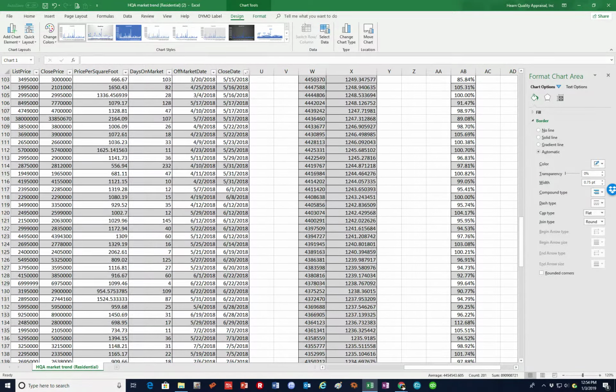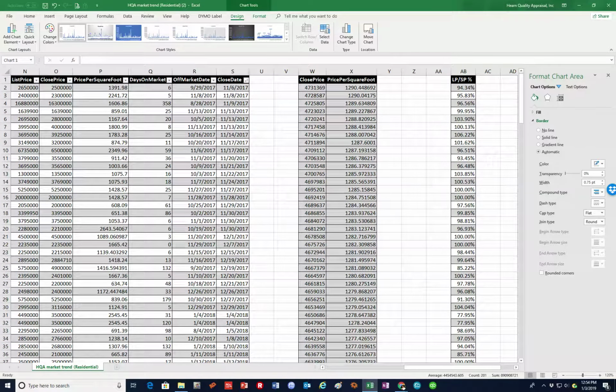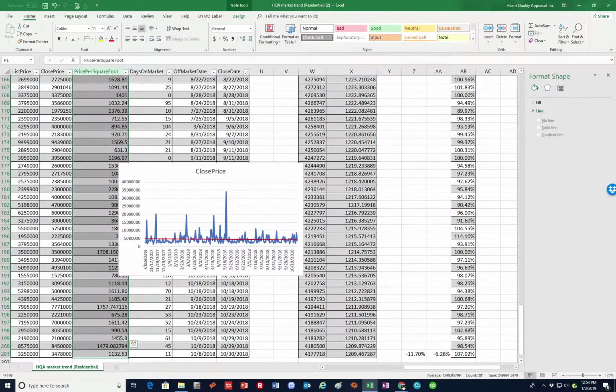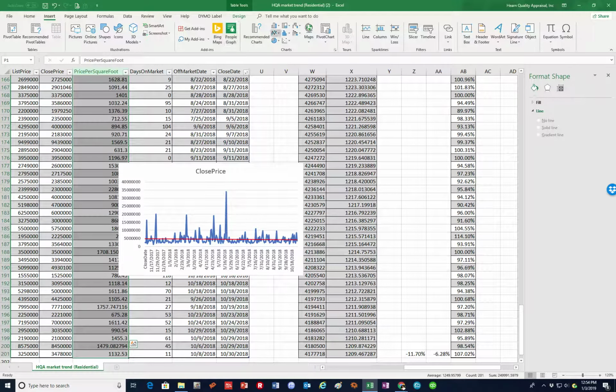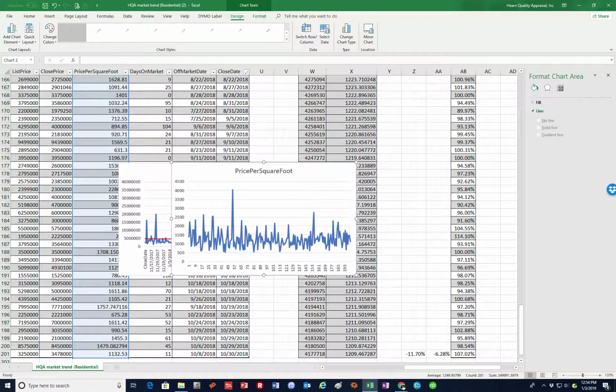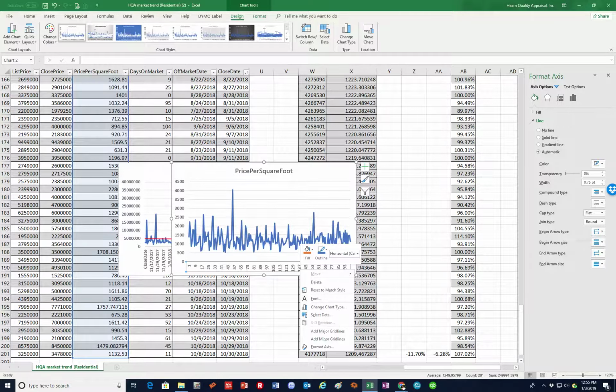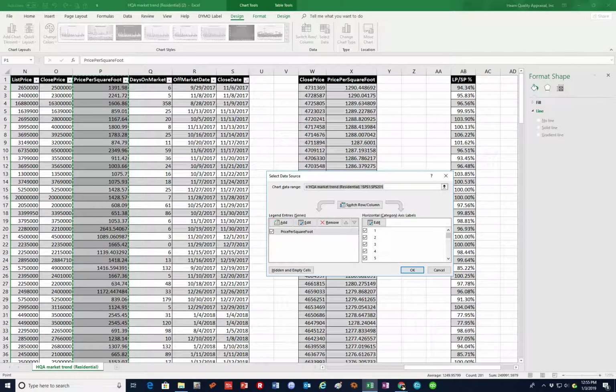So now let's go back and do sale price per square foot. So we highlight the column, we select Insert, grab a line graph, and again, very similar, kind of straight with a slight downward axis. Let's add the dates.